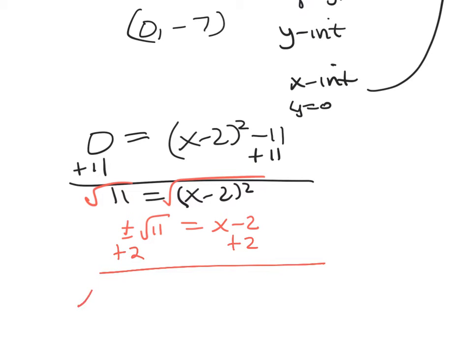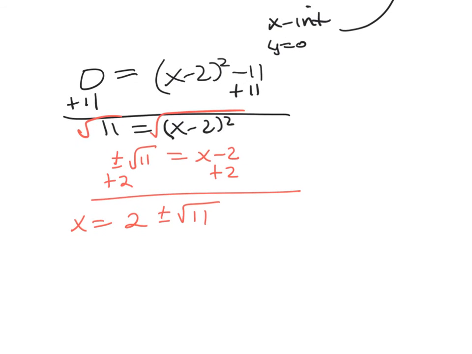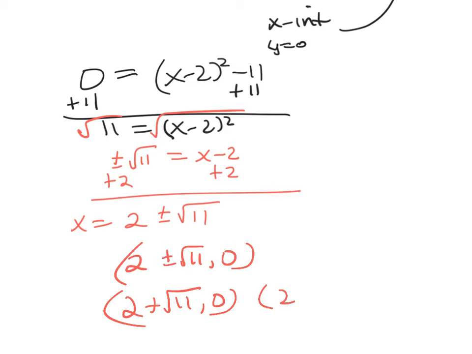So my x-intercept is at 2 plus or minus square root of 11. So again, written as an ordered pair, you can either write it with the shorthand here or write it as 2 plus square root of 11 and then 2 minus square root of 11. And that's your x-intercept.